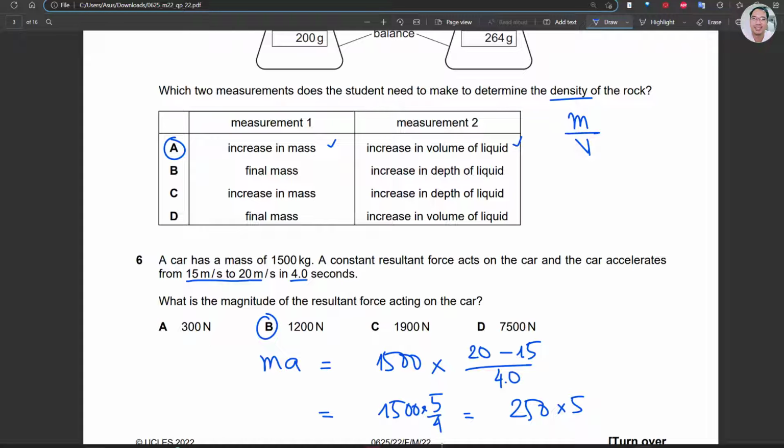Oh wait, oh yeah. It must be greater because 5 over 4 is greater than 1. I think it's C. Yeah, you see. This was wrong, sorry. But yeah, definitely C.